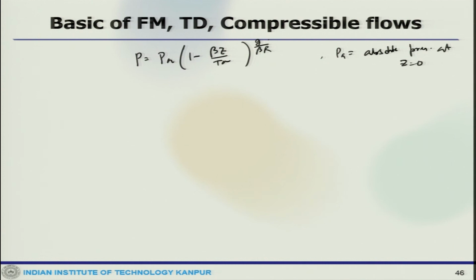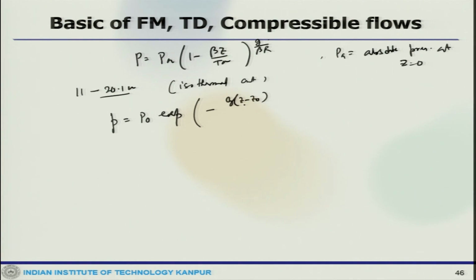Now for the atmospheric layer between 11 to 21 kilometer, the temperature has a constant value. This is an isothermal condition, and then again the pressure-elevation relationship we can write as P naught exponential of minus g (z minus z naught) by R T naught.